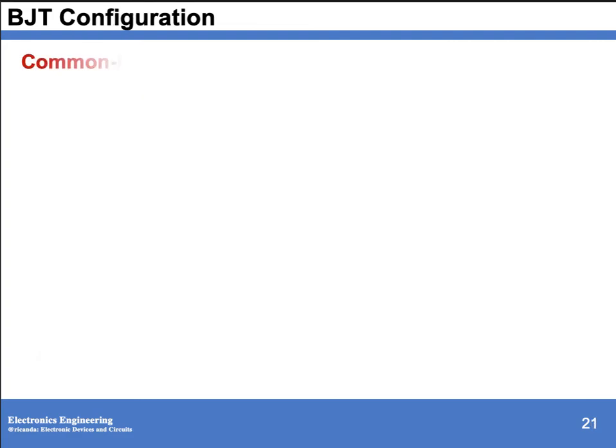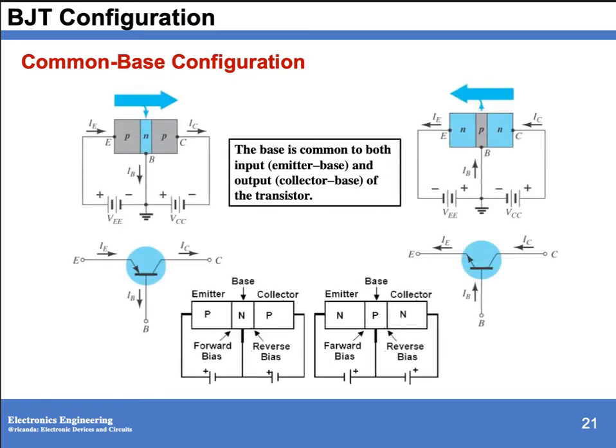So for the configuration of a common base, we have this one. The base is common to both the input, which is our emitter, and the output, which is our collector. We have the NPN and the PNP type. For the PNP, your input current goes into your transistor, and your collector current goes out from your transistor.